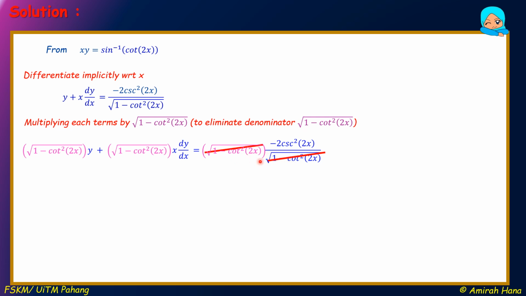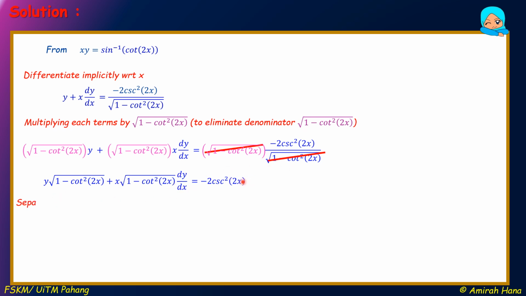After we simplify, we get y square root of 1 minus cot squared 2x plus x square root of 1 minus cot squared 2x dy over dx equals, after we simplify, negative 2 cosec squared 2x. So no more denominator here.